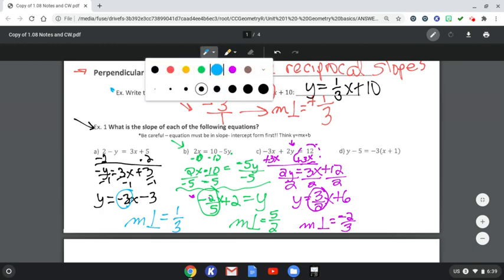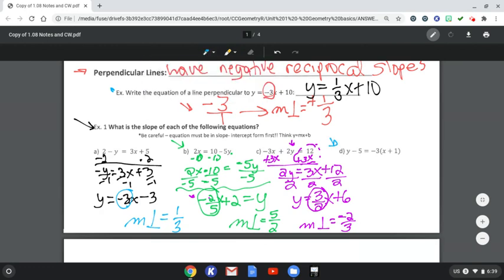Now looking here at letter D, this equation is in point slope form. I know point slope form reads y minus y1 equals m times x minus x1. If we were to pull out the point and the slope, and again, this was in notes 1.05, we're working more with this formula today, that means our slope here is -3.